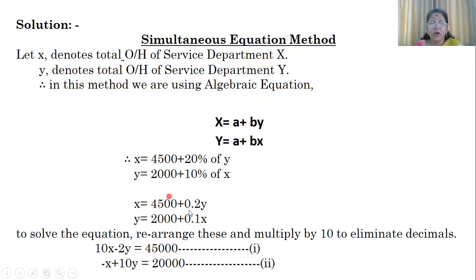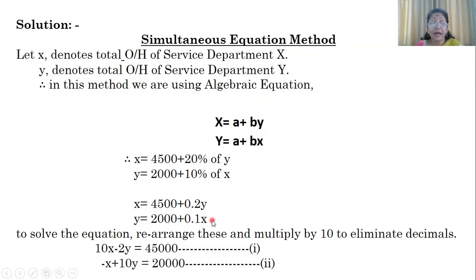Then we have to rearrange this. We bring x and y to this side and the amount will be on the other side after the equal to. Then you write 10x, and this plus 2y moves to this side, becoming minus 2y after moving across the equal to, so 10x minus 2y is equal to 45,000.